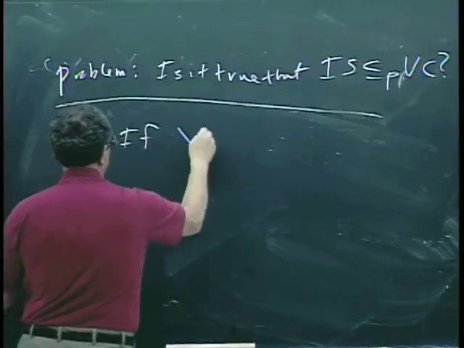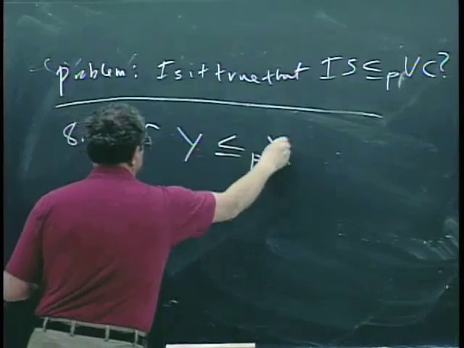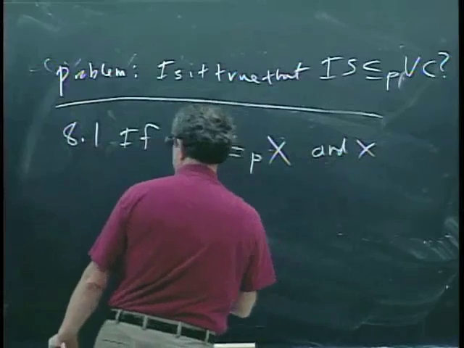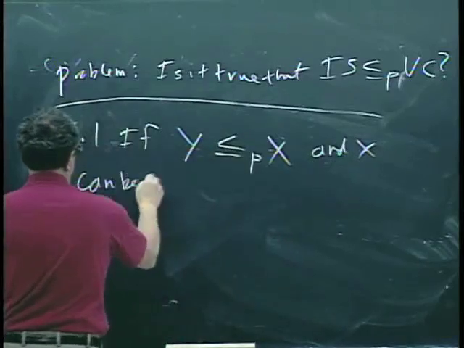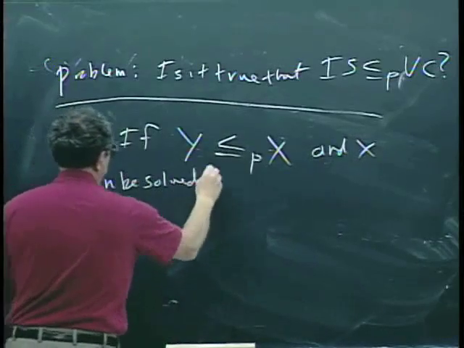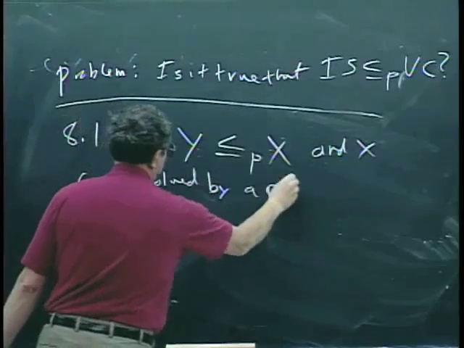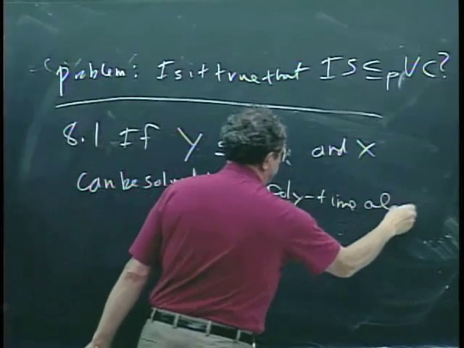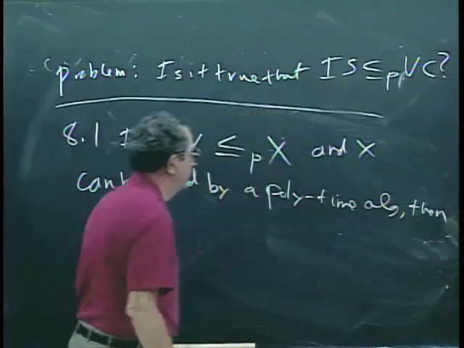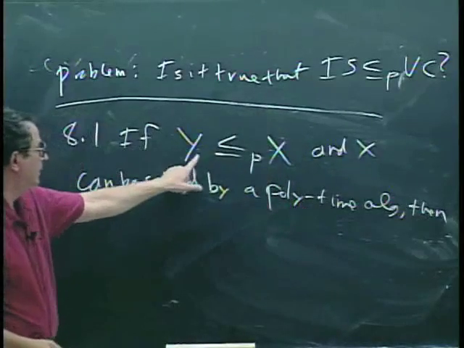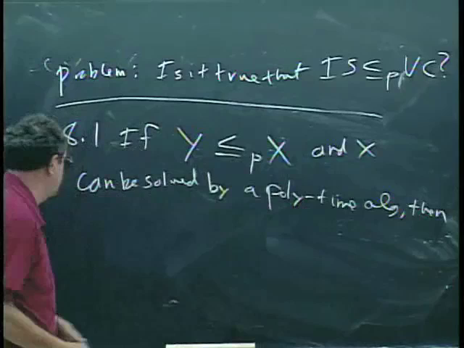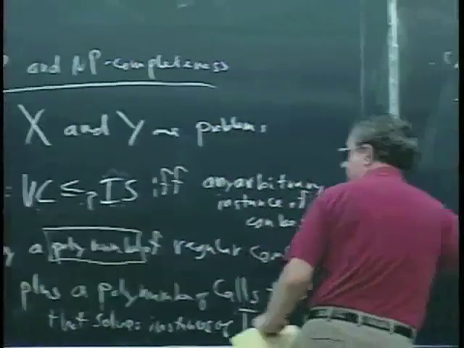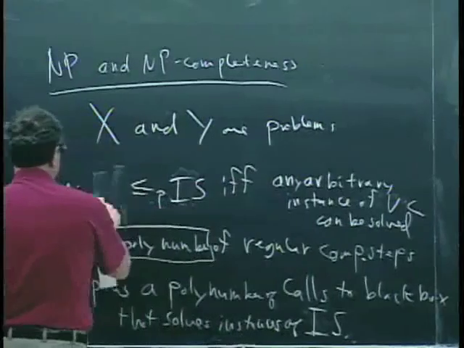If problem y reduces in polynomial time to x, and x can be solved by a polynomial time algorithm, then what? So y can reduce in polynomial time to x. That's according to this definition of what it means. And now I'll put back the abstract. This is y and x.